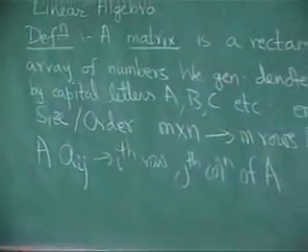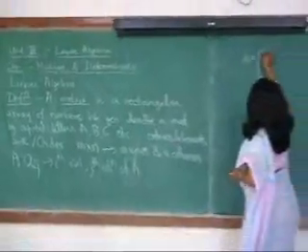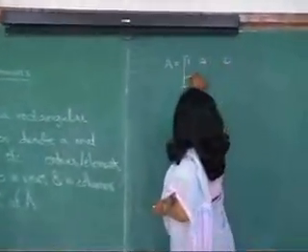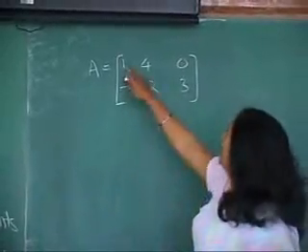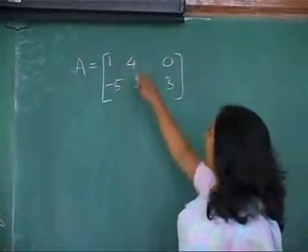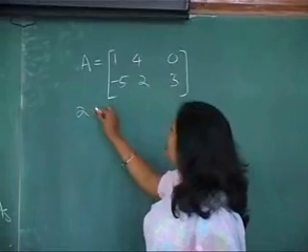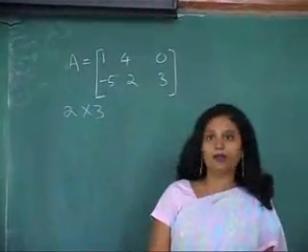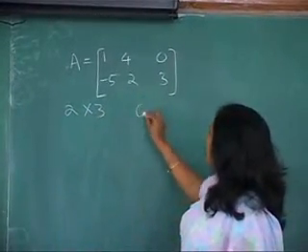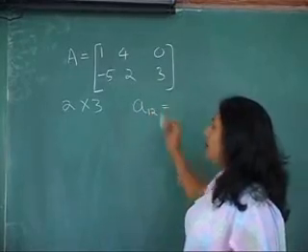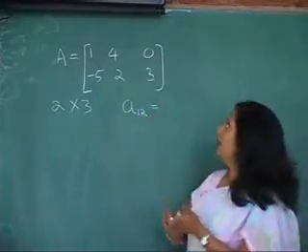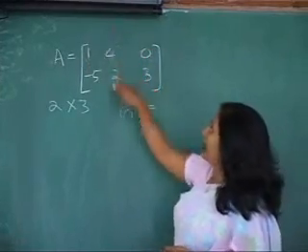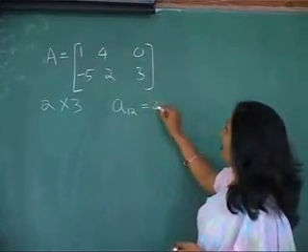So for example, if A is the matrix, this matrix has 2 rows and 3 columns. So this is the matrix of order 2 by 3. Notice here that the element A12, that means the element in the first row, second column, is 4.